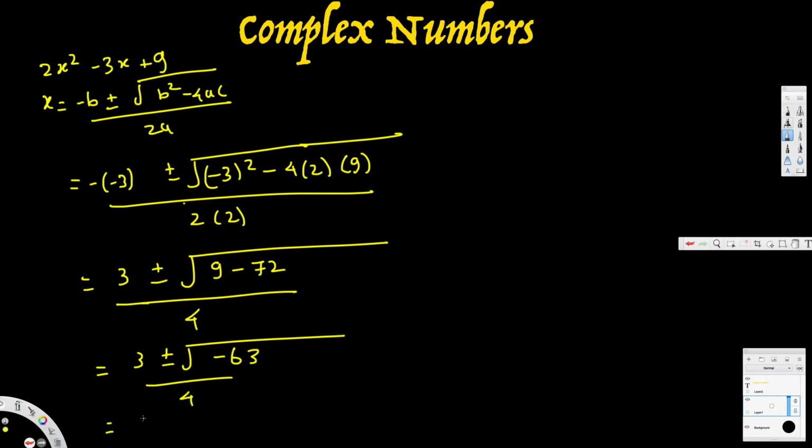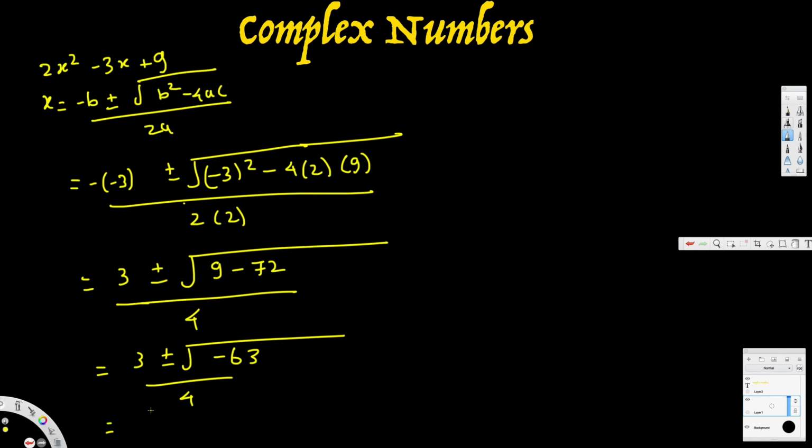Now we have to see whether 63 has a square number as a factor, like 1, 4, 9, 16, 25. Here 9 times 7 gives us 63. We look for the biggest such number, and 9 is the biggest that multiplied by 7 gives 63.